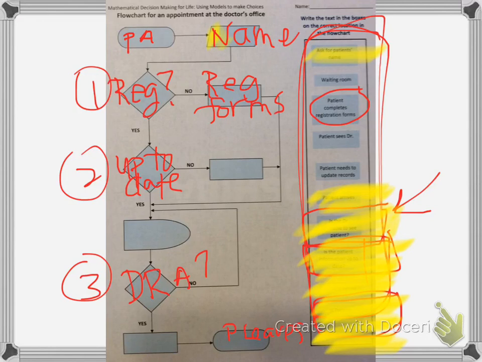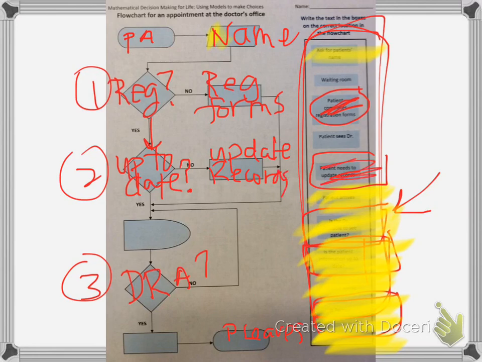If the patient said yes, then we're going to ask if their registration forms are up to date. If the answer's no for being up to date, then guess what we're going to have them do? We're going to have them update their records. So then that one's gone too. So those ones are gone.